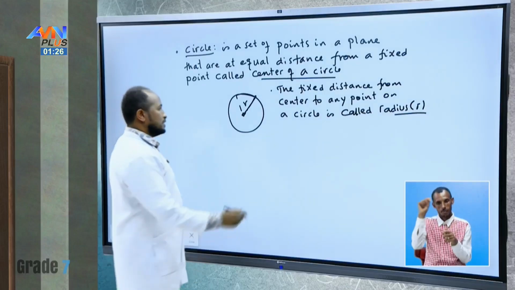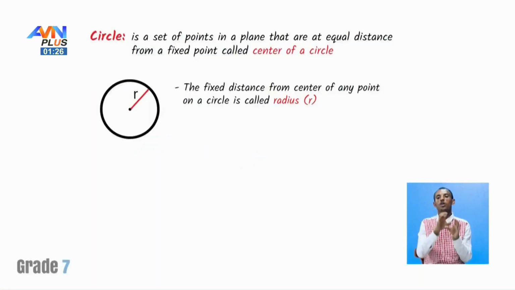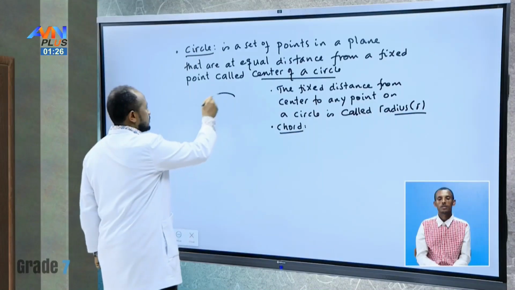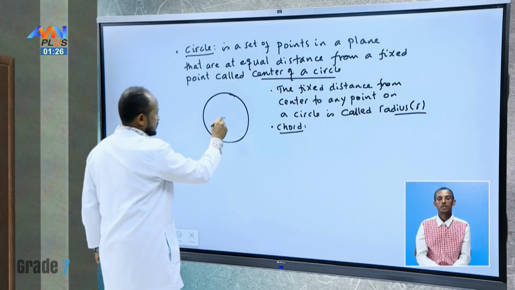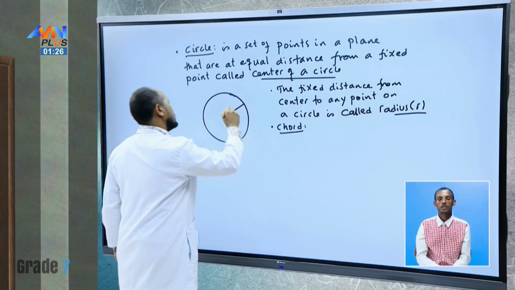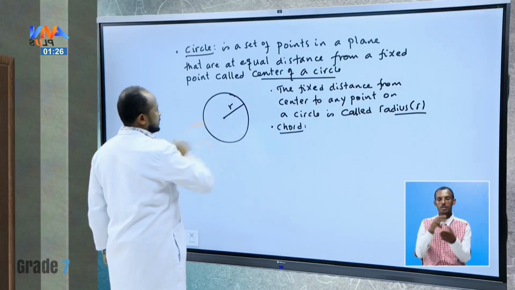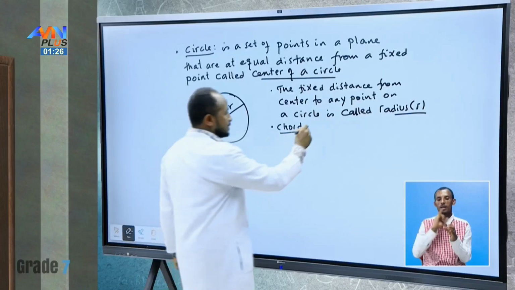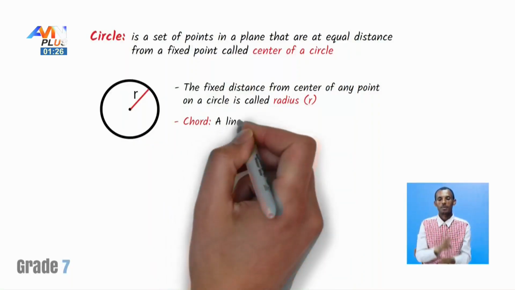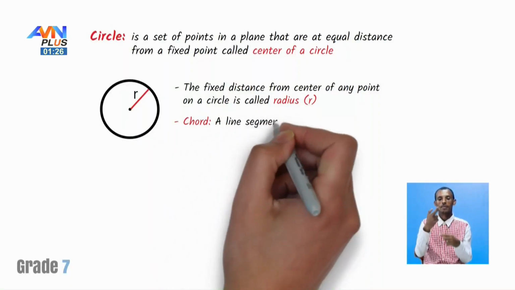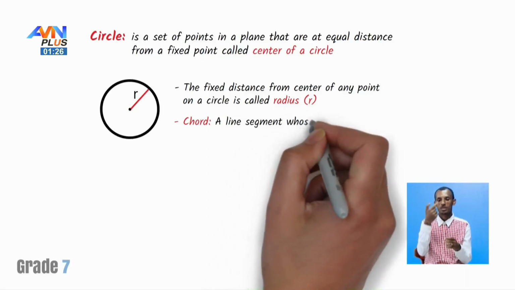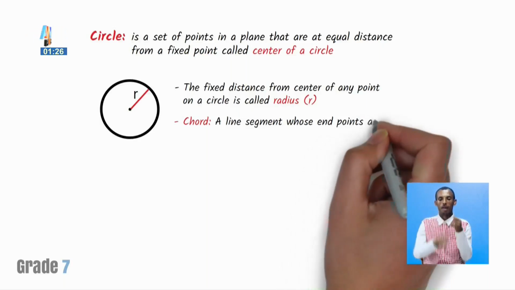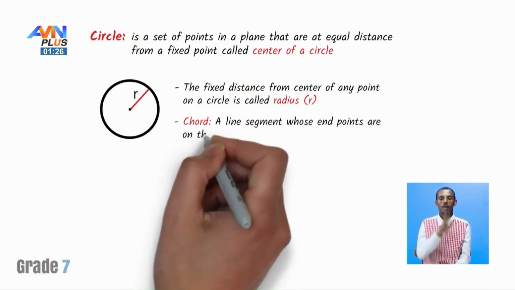The other term here is a chord. We say this one is the radius, this one is center of the circle. So chord is a line segment whose endpoints are on the circle.